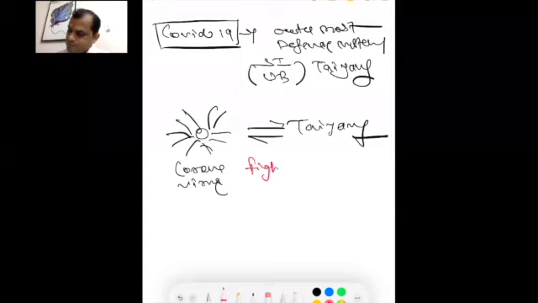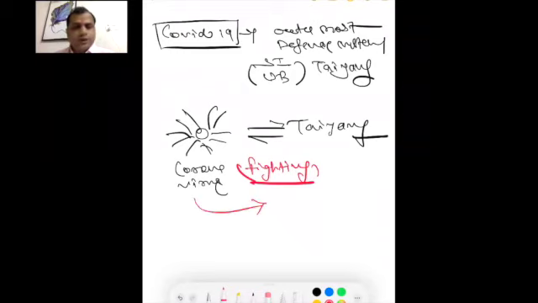The fighting is like a football match. The coronavirus wants to win, and Tai Yang also wants to win. So they are fighting with each other.